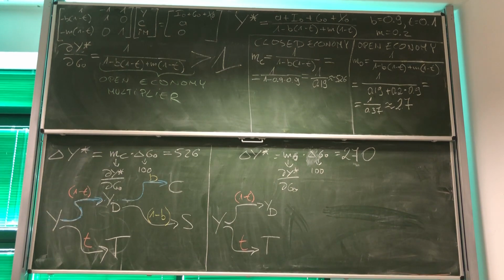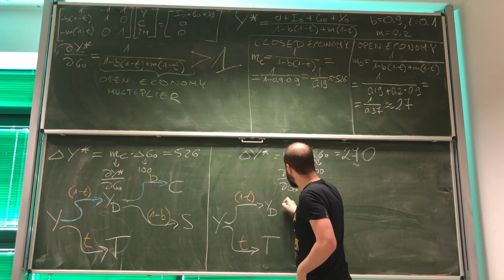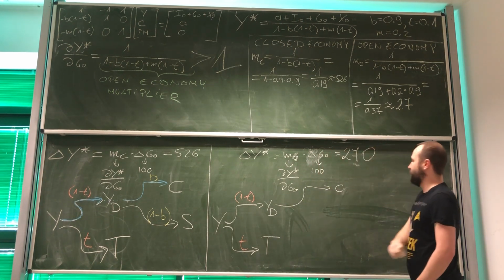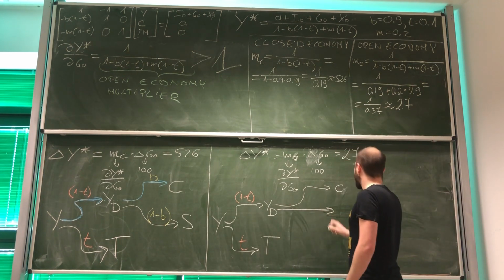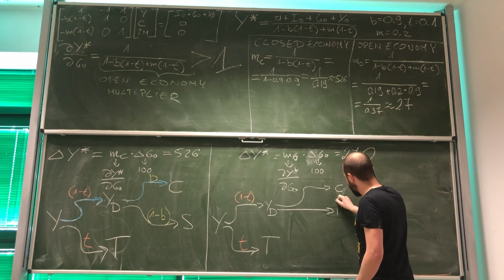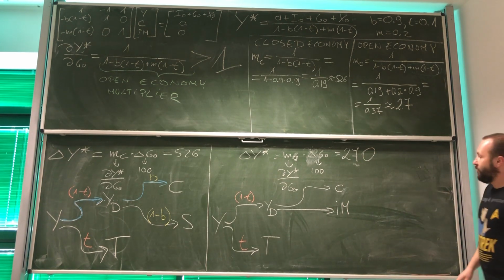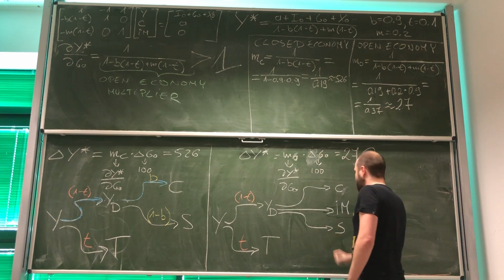Here, we actually see a third choice. Because households can spend it either on domestic consumption, on consumption of foreign goods, otherwise known as imports, or on savings.